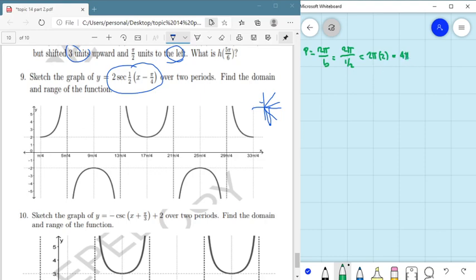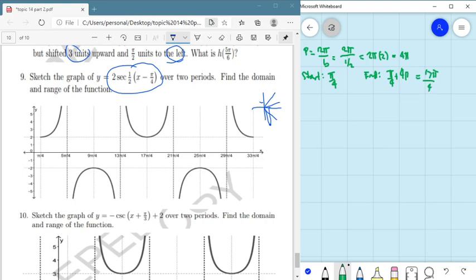Since this is negative pi over 4, therefore you start at pi over 4 and end after one period. Pi over 4 plus 4 pi, which is 16 pi over 4, plus pi over 4 equals 17 pi over 4.